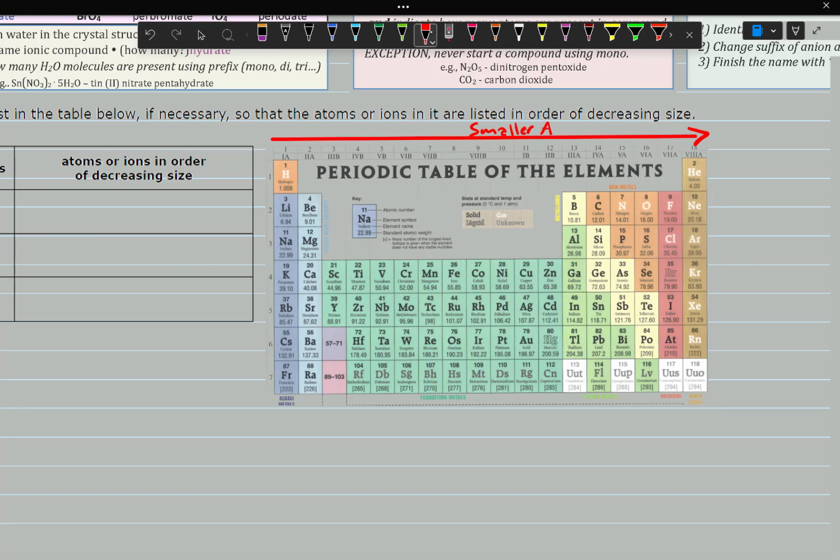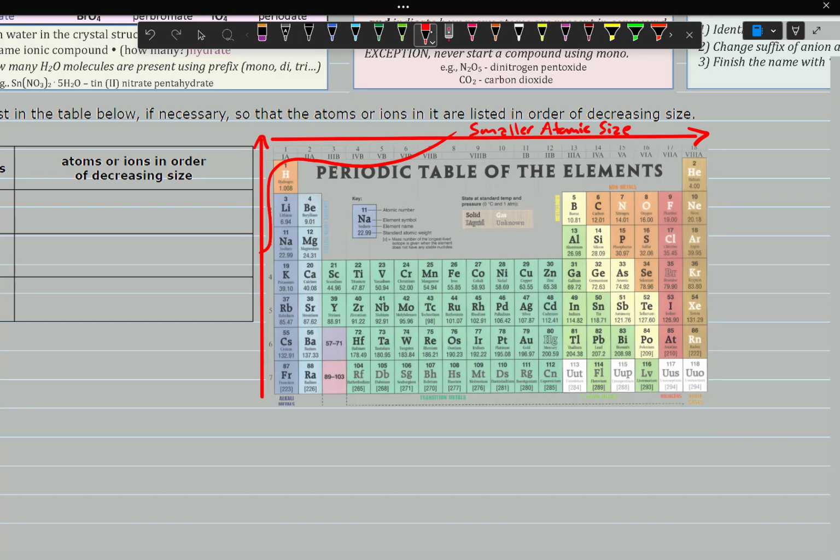So that's smaller atomic size. And as we move up on the periodic table, we are also getting smaller.